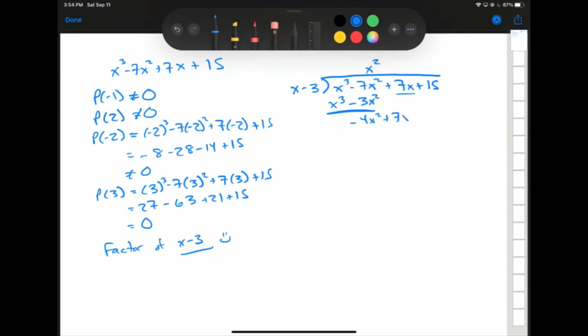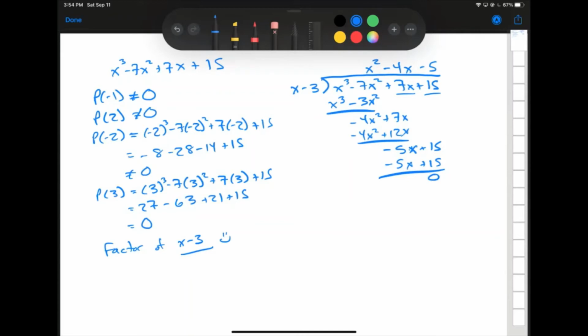Bring down the 7x. Negative 4x gives me negative 4x squared plus 12x. Sorry, negative 5x plus 15, and negative 5x plus 15 equals 0. Okay, so that's a factor.